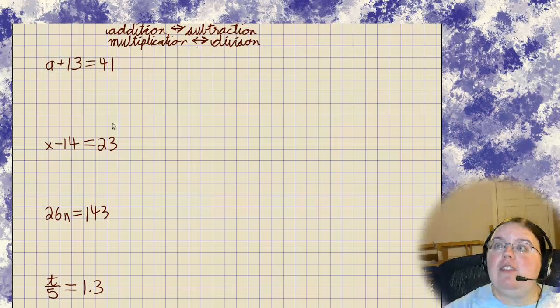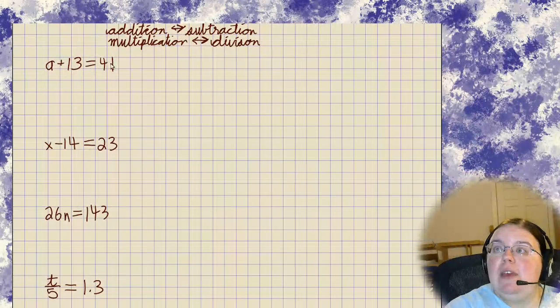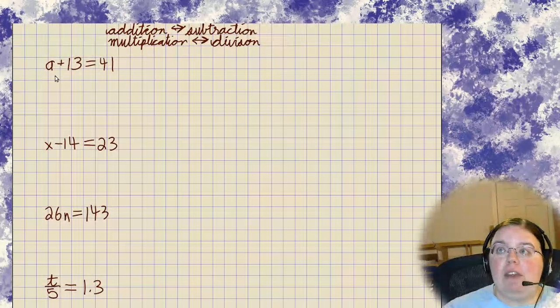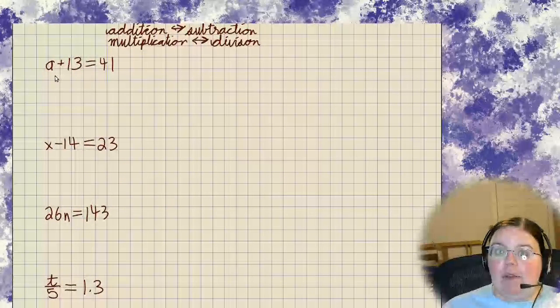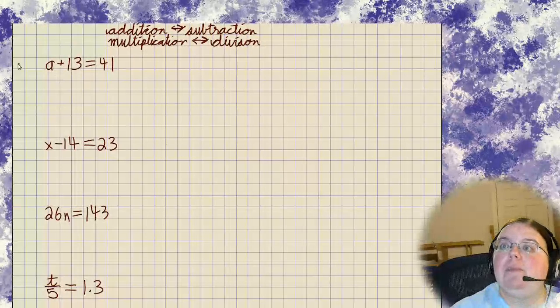solution to these equations. So our first one here is a plus 13 equals 41. What I'm going to do is use an inverse operation to make an equation that only has the variable on one side and a number that tells us the value of the variable on the other.